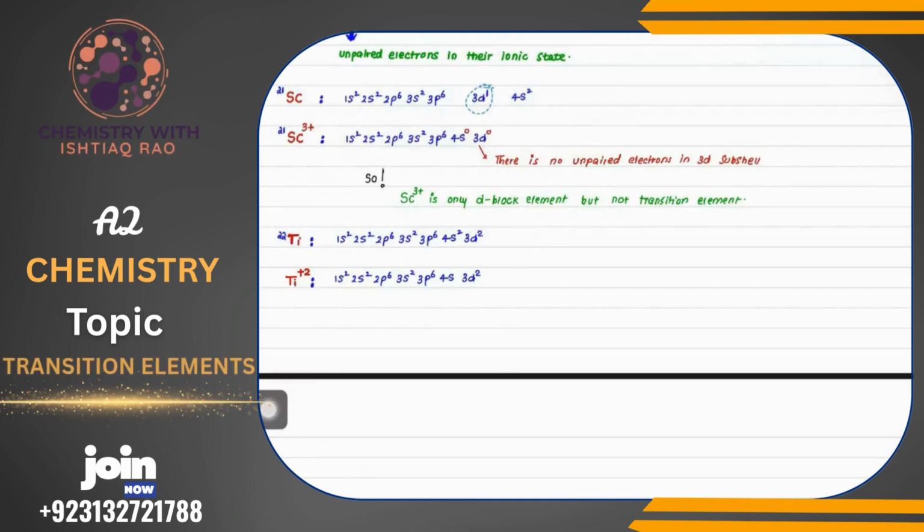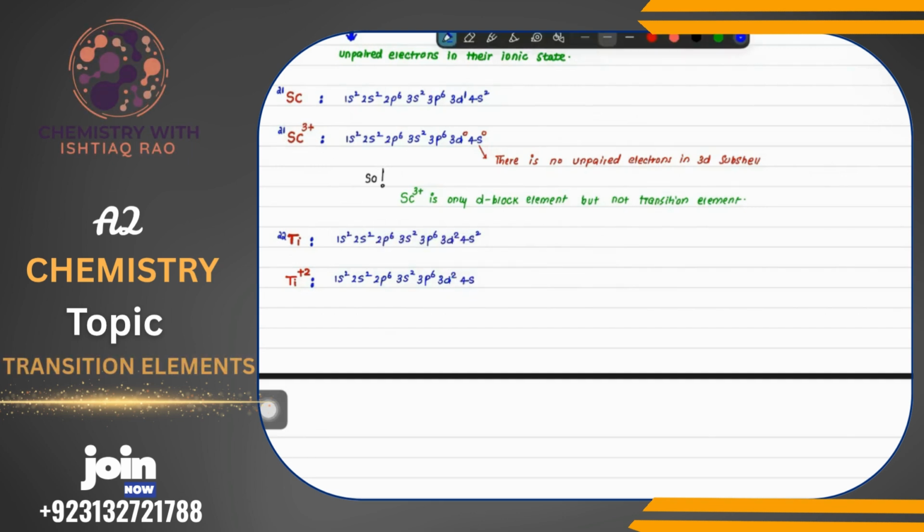I'm going to change the position, but later on I will tell you why. Always remember, 4s comes after the 3d. So this is going to be 4s0, right? Because I have removed two electrons from the 4s.